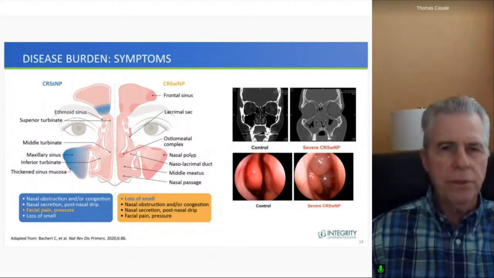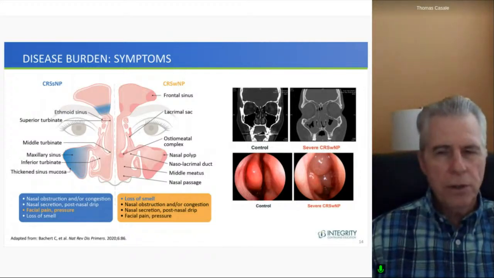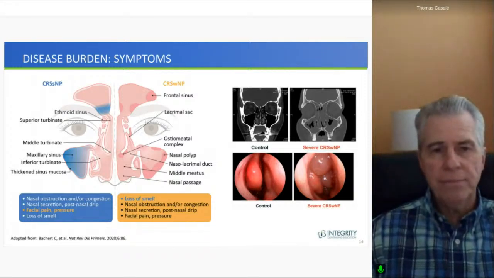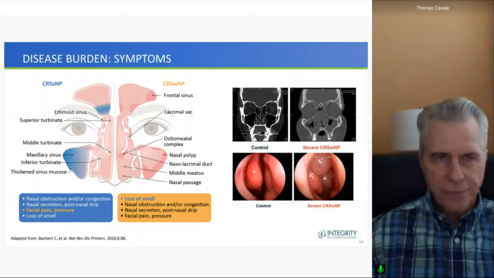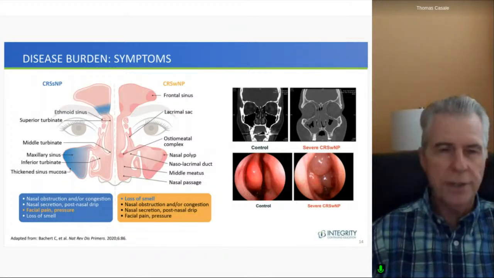But they're not absolutes. As you can see, there's overlap. And certainly now, in the middle of the COVID pandemic, we know that that's one of the things we look for, right, is patients that have a loss of smell. So you have to think about the fact that this can be due to a number of different causes.